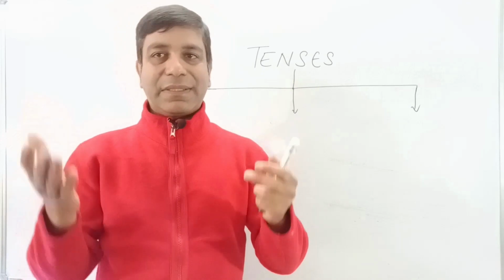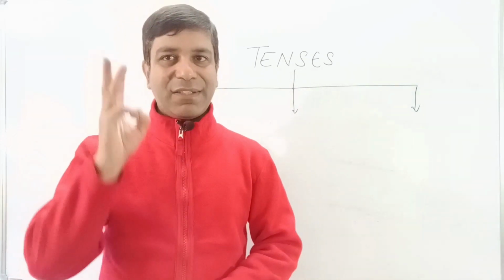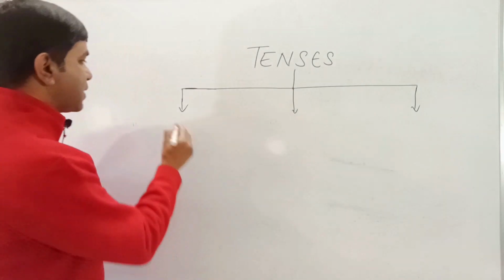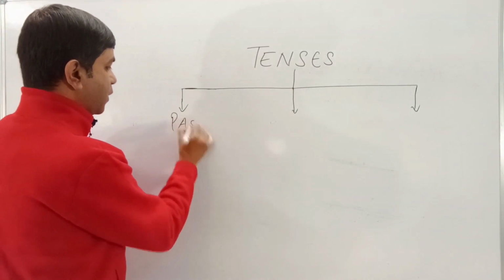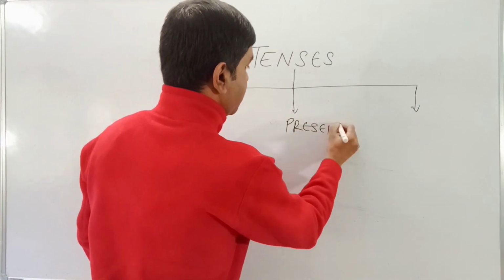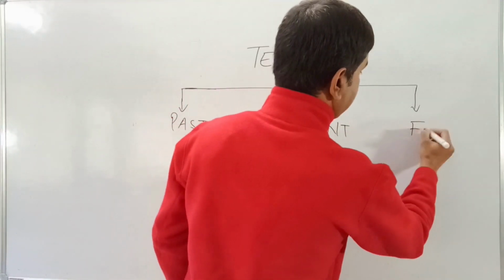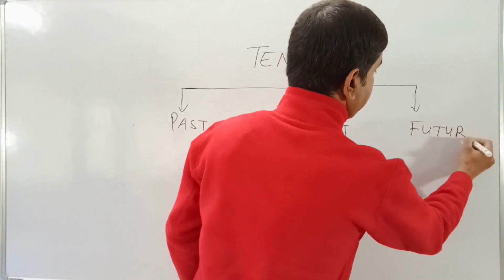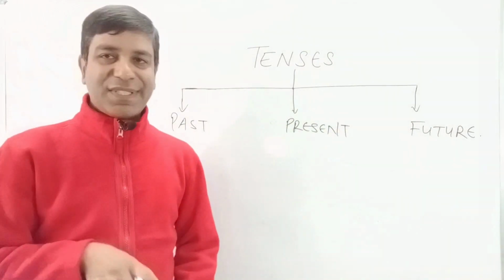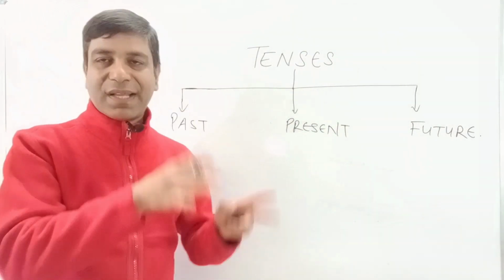So in grammar as well, we can divide tenses into three categories, that is past, present and future.